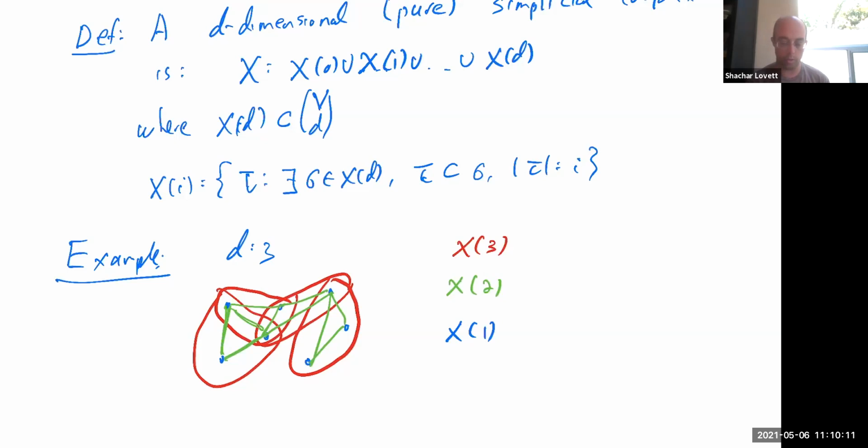And then for completeness we're also going to have X0, which is always just a set containing the empty set. You can ask why we include it; it's convenient, so we're going to add it also. So all the sets in X3 have size 3, all the sets in X2 have size 2, and so on.